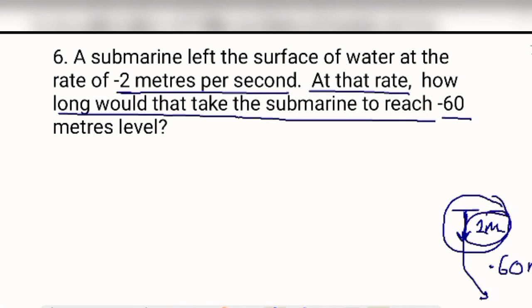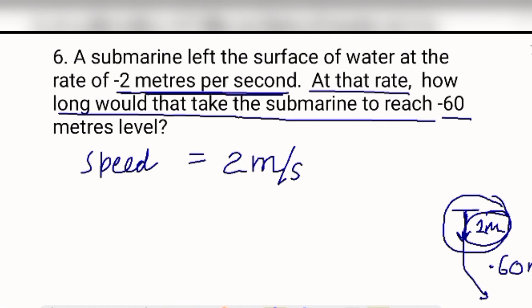So simply you can write, speed of submarine is 2 meter per second. Why have I written per second? Because 2 meters it is moving downward per second, एक second में. Okay. Now the total distance we want to cover is 60 meters.